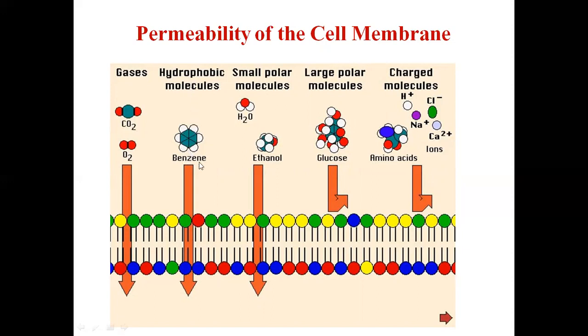Hydrophobic molecules like benzene are also allowed inside the cell. Water and ethanol, which are small polar molecules, are allowed entry into the cell by the membrane. Larger molecules or large polar molecules like glucose and amino acids are not permitted by the cell membrane to enter the cell.